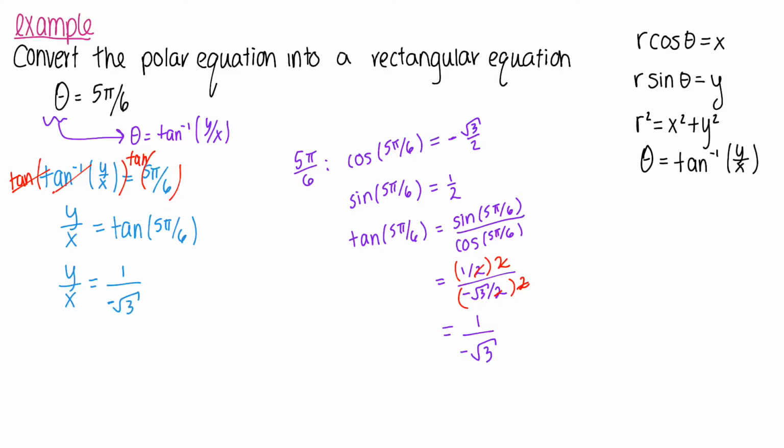To make it a little fancier, multiply both sides by x, just because you can solve it for y very easily. So these x's cancel. You get y equals 1 over negative root 3 x, which is a line actually. So theta equals 5 pi over 6 is a line. And that's its representation in the rectangular coordinate system.